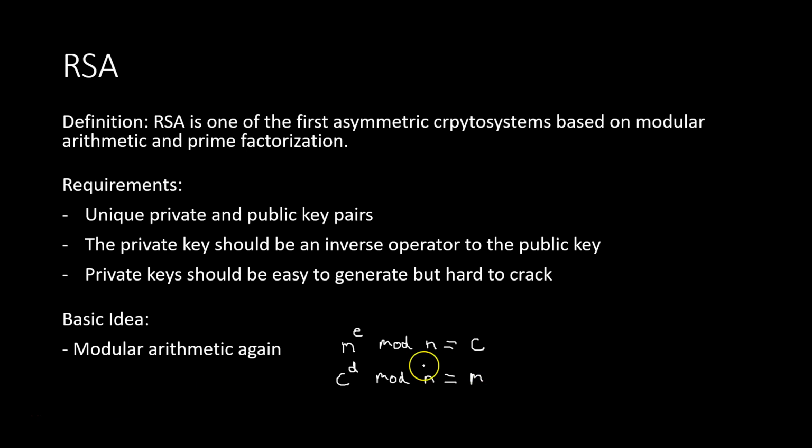This simply translates to m raised to the power of the public key times the private key mod n will give us back m. So now the big challenge is to define this relationship between the public and the private key such that the private key can only be generated by the private key holder. It should be based on some information that just this one person holds.